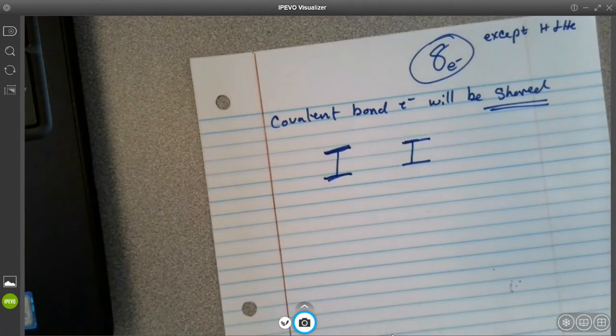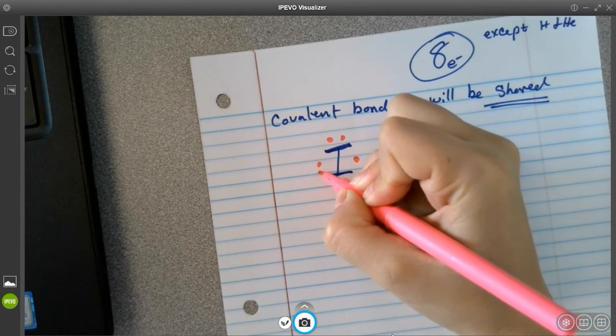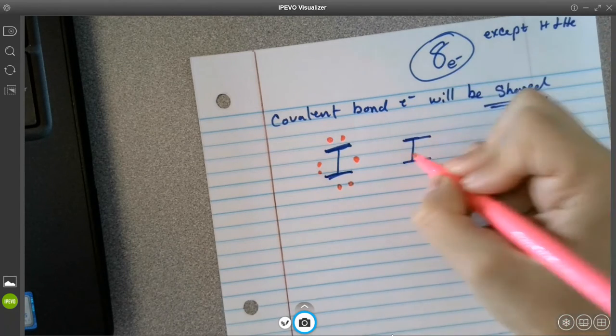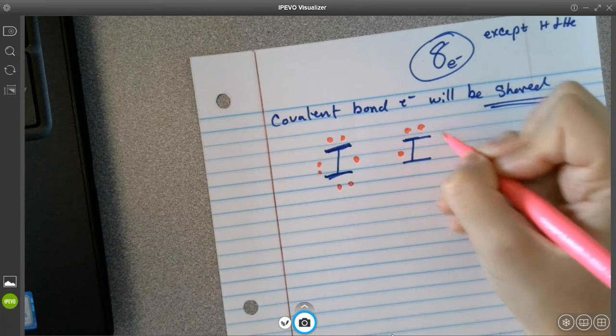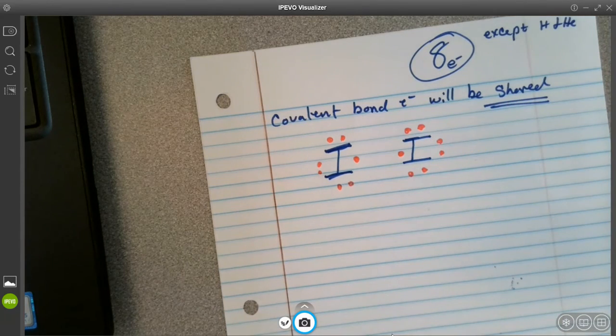So I'm going to draw out 7 valence electrons for each iodine. Both of these iodines only want 1 more electron to get to that magic 8 number. So what's going to happen is they will share this electron.